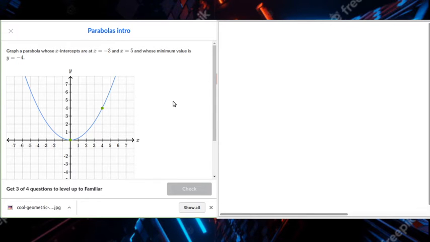So, minimum value or maximum value. Minimum value or a maximum value means we're talking about the vertex. All right, and that's the y on the vertex.